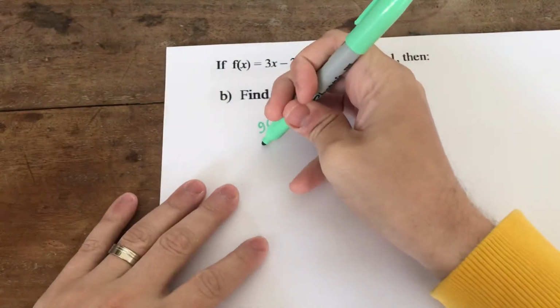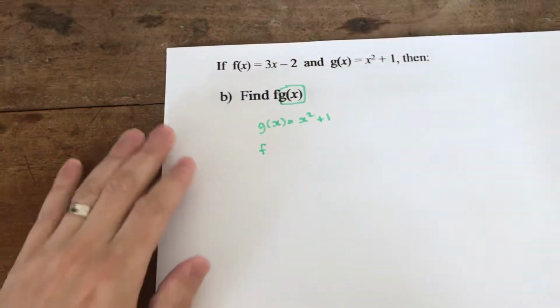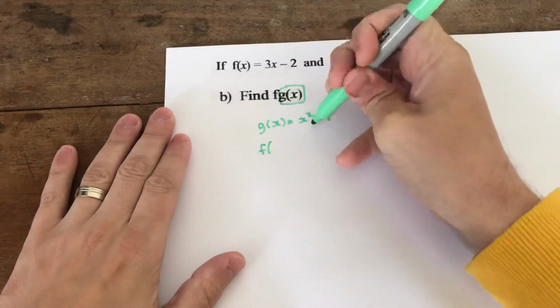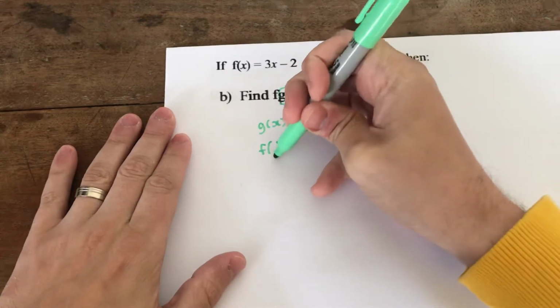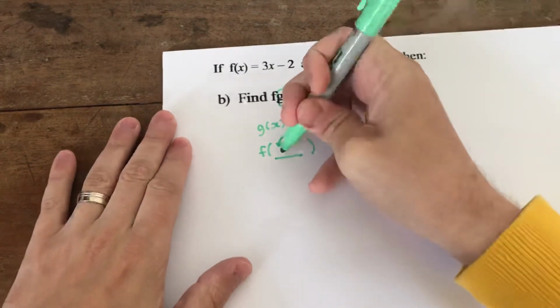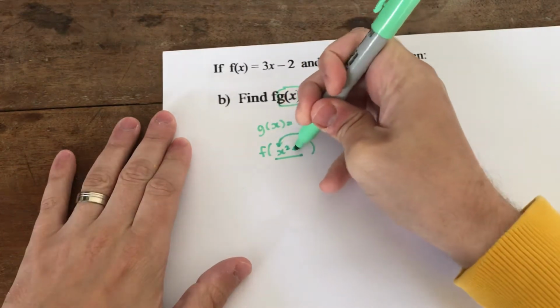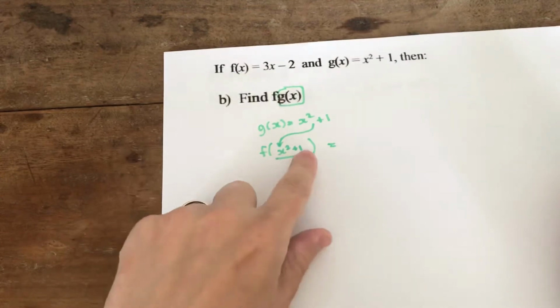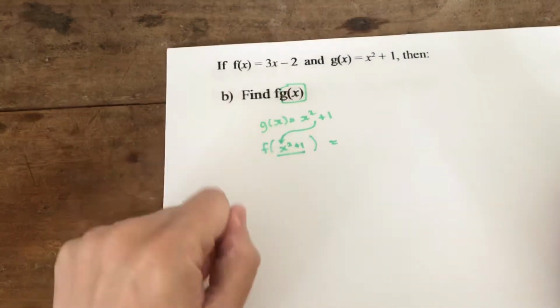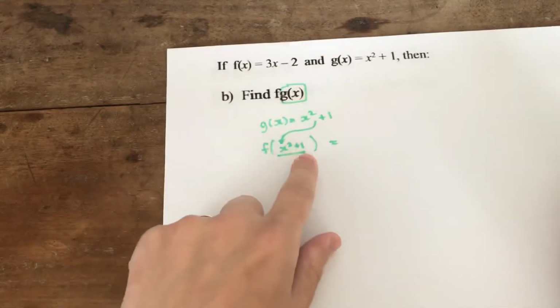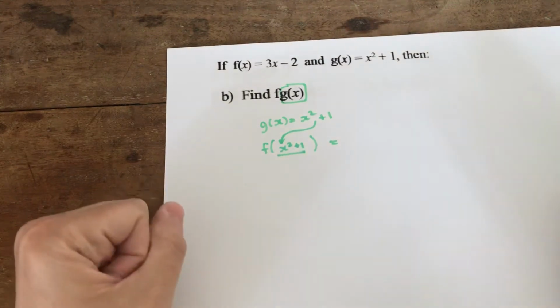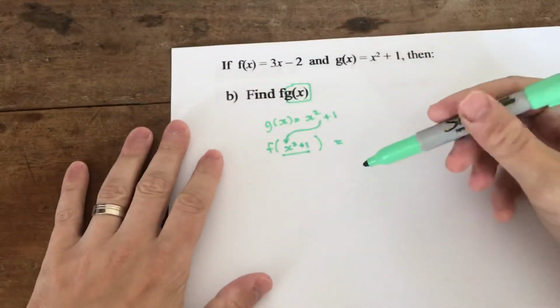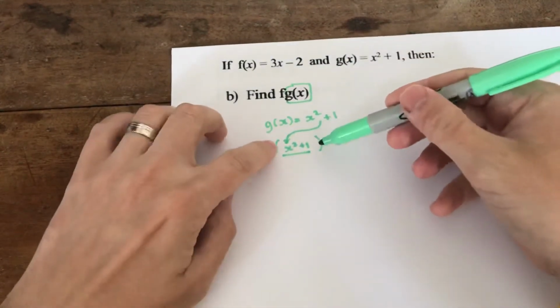And what you do is, if you have a look at your f, you're going to now substitute that into here. So you're going to say f of x squared plus 1, and you're going to put this where our brackets are. Wherever there is an x, we're now going to put x squared plus 1. What I like to do is put it in brackets.